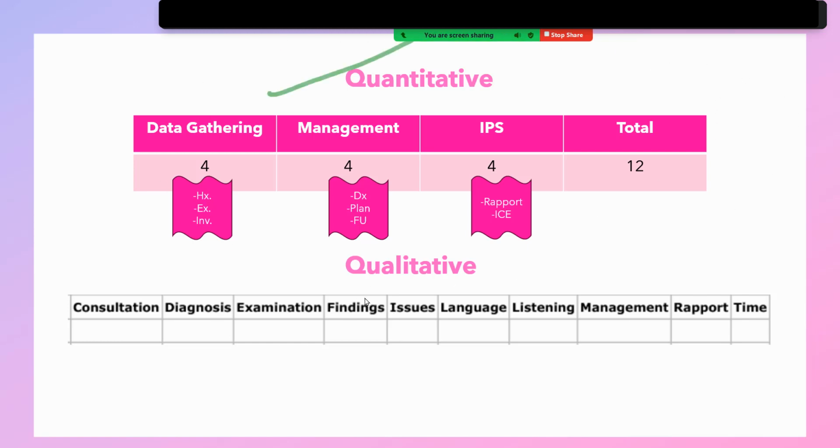Okay? In the qualitative mark domains, we have 10 skills areas: consultation, diagnosis, examination, findings, issues, language, listening, management, rapport, and time. Let's talk about each one thoroughly.